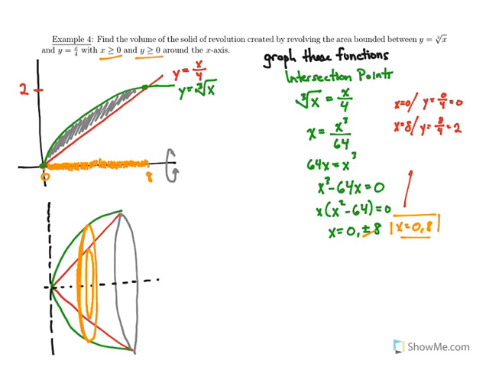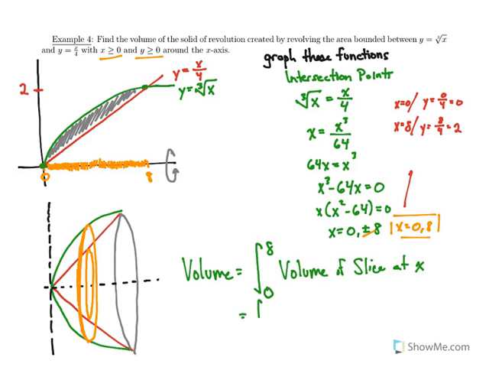We know that the volume is going to be, for every x value in between 0 and 8, we are going to find the volume of a slice at x.